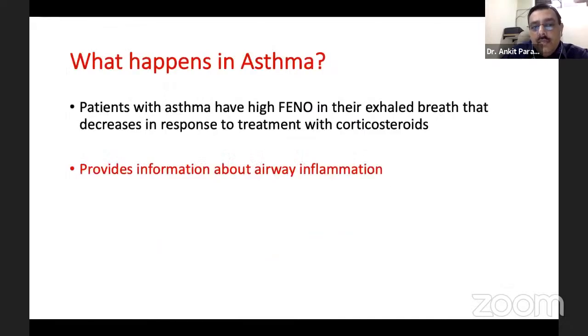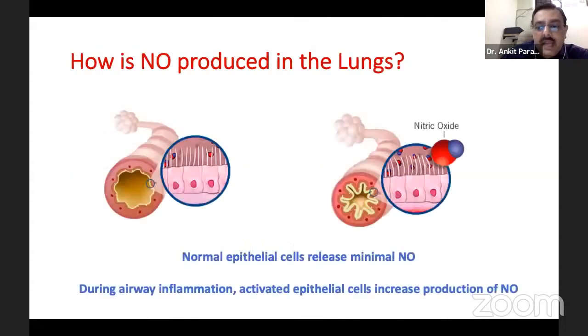So what happens is that usually the amount of NO which is produced from the cells is low, but once asthma is there, the activated cells produce a lot of exhaled nitric oxide. So that is the basic thing, and it has been a surrogate marker for eosinophilic airway inflammation. So that is the basic background of doing a FeNO.